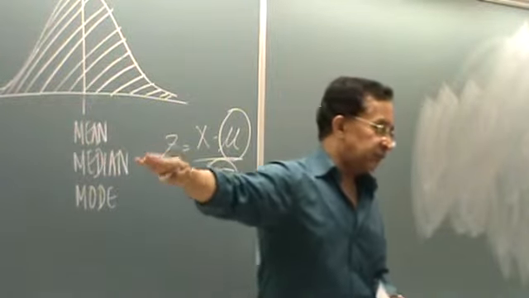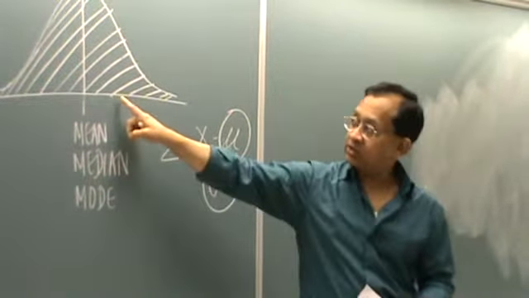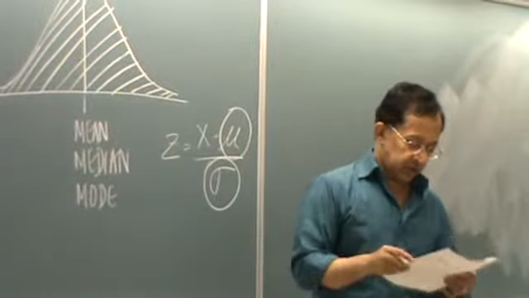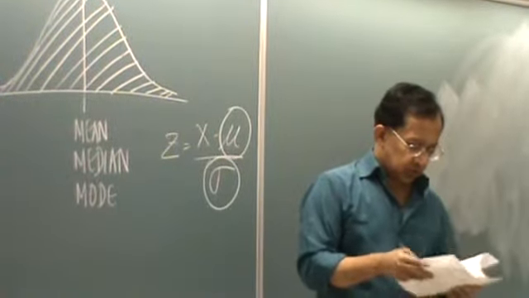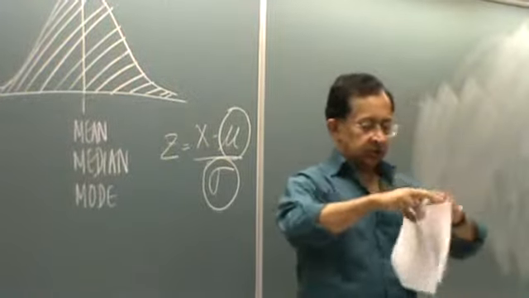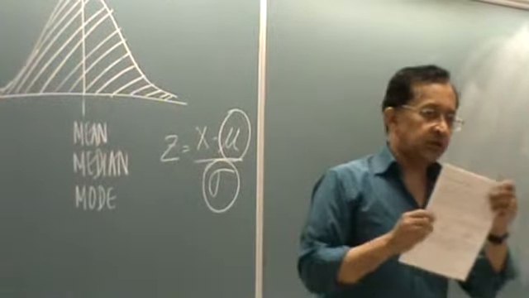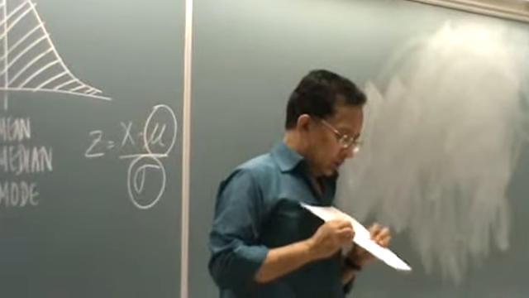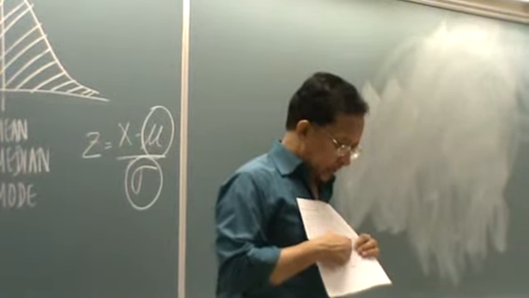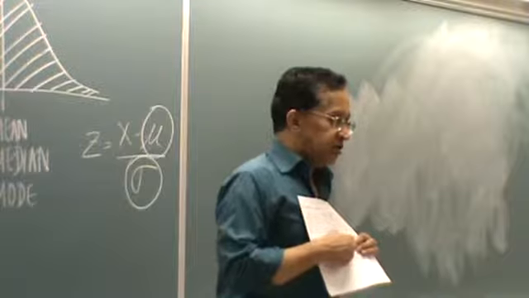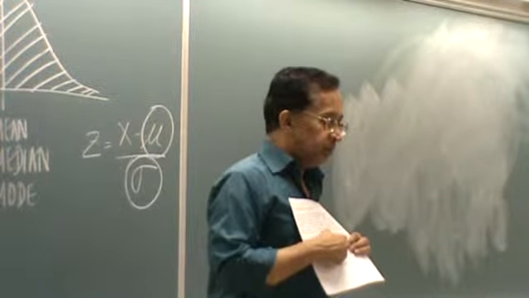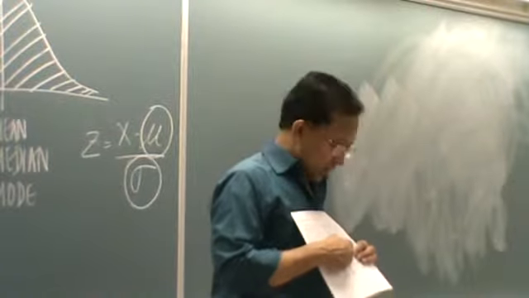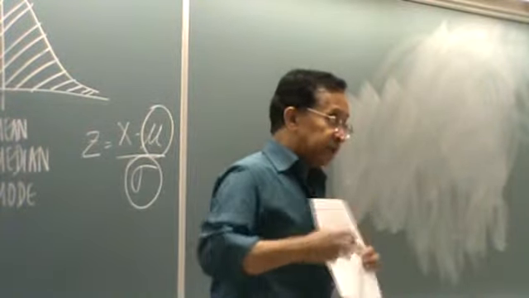So 650 has to be somewhere around here because it's higher than 500. Let's look at the handout I gave you, page number 3. Right in the middle of that normal distribution, you have your mean, which is mu.